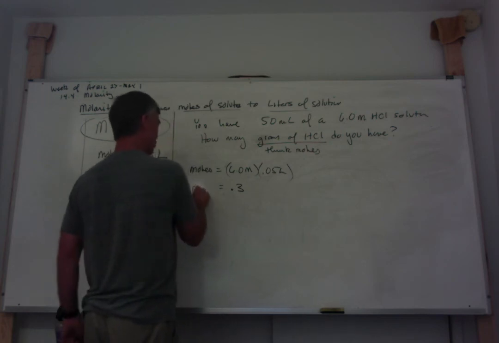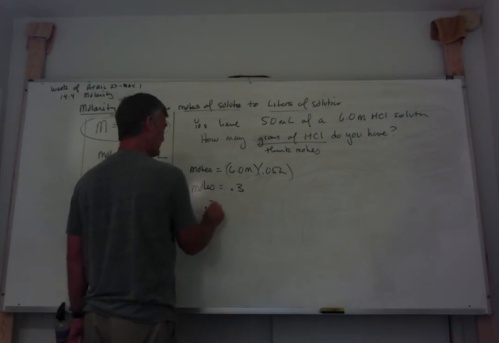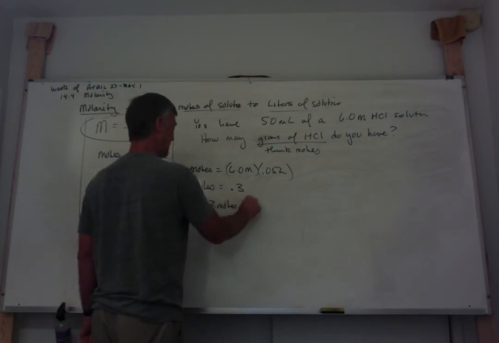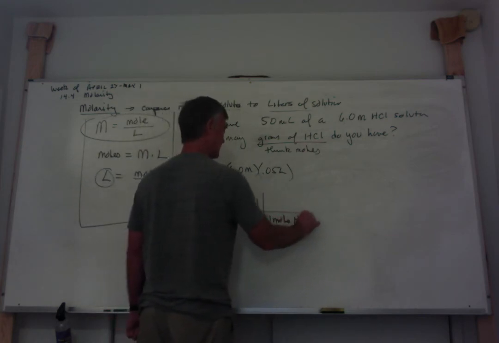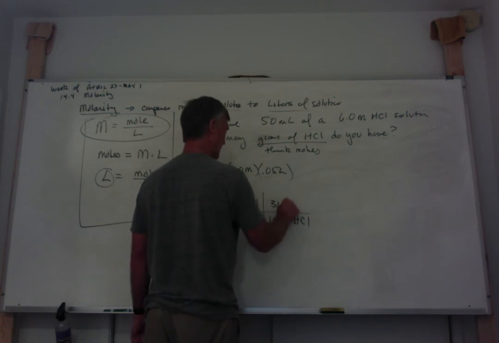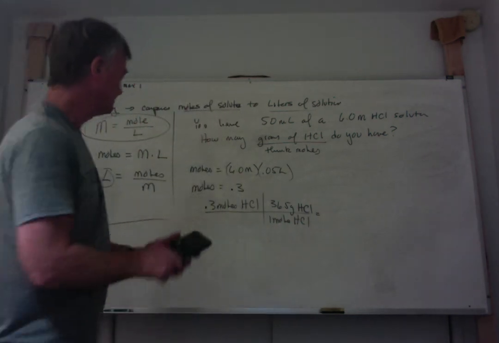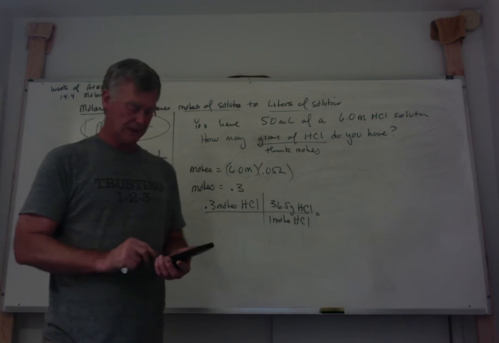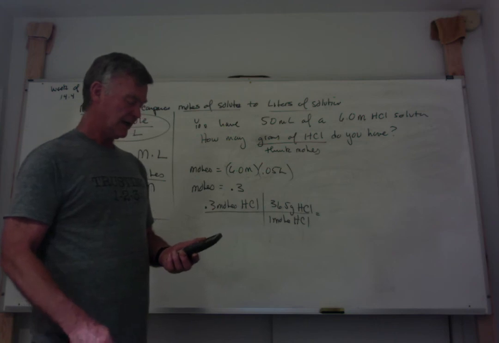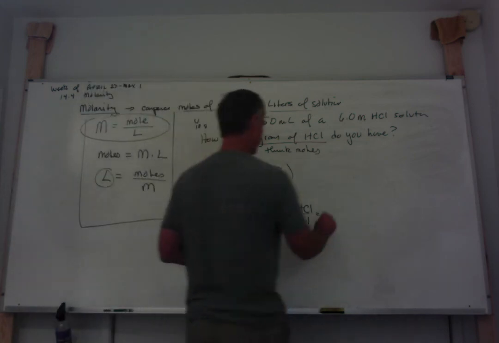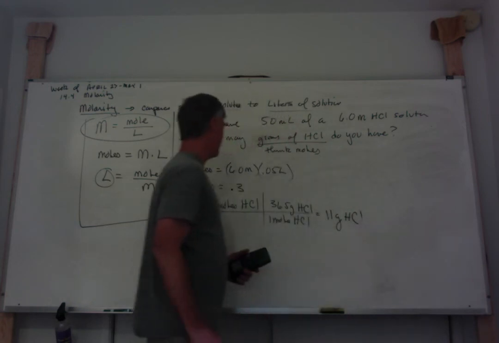So I have 0.3 moles of HCl, but that's not what I want. I want grams. So 1 mole of HCl is 36.5 grams of HCl, and we would have our answer. 0.3 times 36.5, and this would be 10.95, or roughly 11 grams of HCl is what you would end up having.